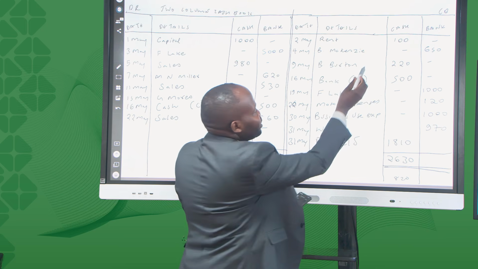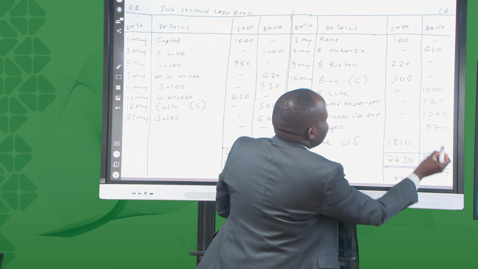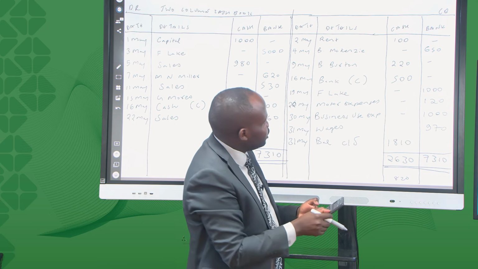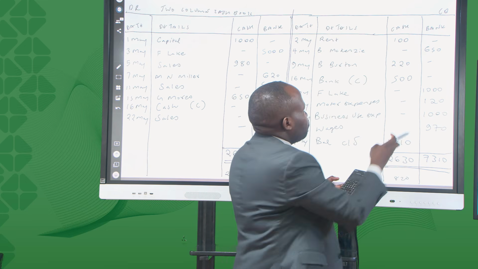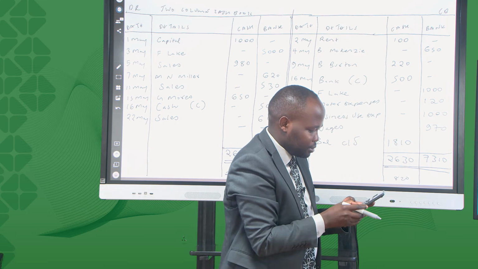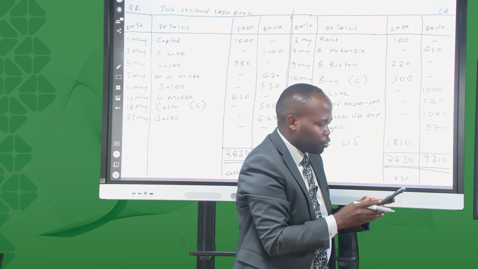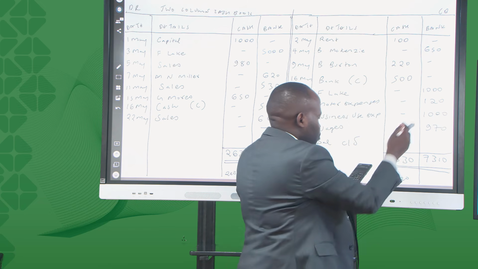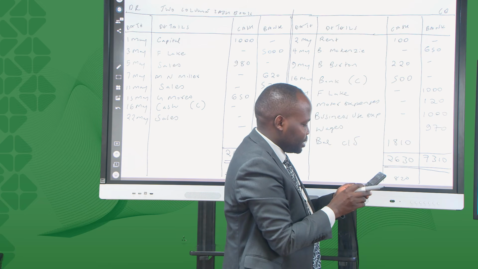I believe it is higher than this. So 7310. But let me confirm that total. To confirm it was less than that: 650 plus 1,000 plus 120 plus 1,000 again plus 970.